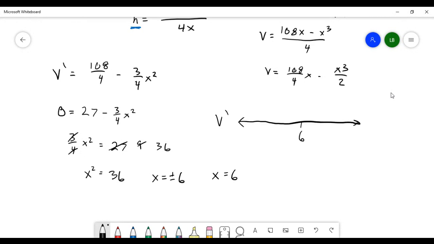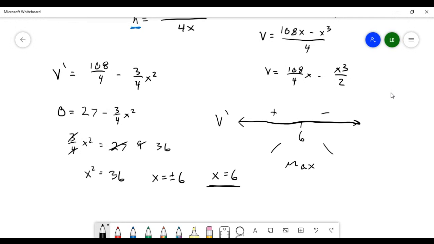And then at 6, when x is smaller than 6, we get that our first derivative is positive. And when x is greater than 6, 27 minus 3/4 x squared is going to be, the x squared is going to outweigh this 27. So we're going to have a negative. Positive changing to a negative is a max.